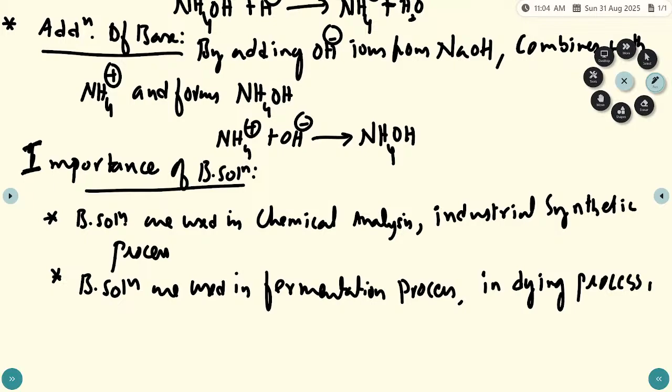And next, tanning of leather. So, converting leather into a hard substance is called tanning of leather. Okay. Next.